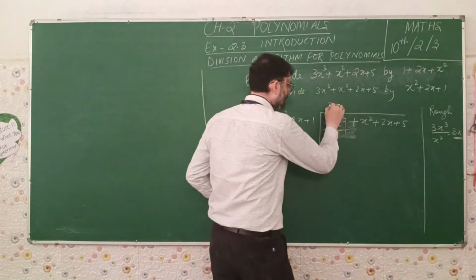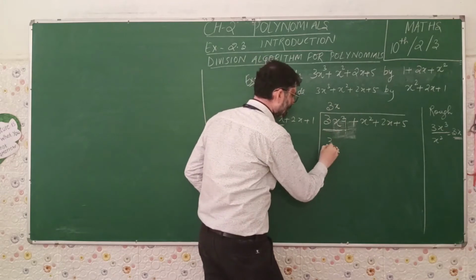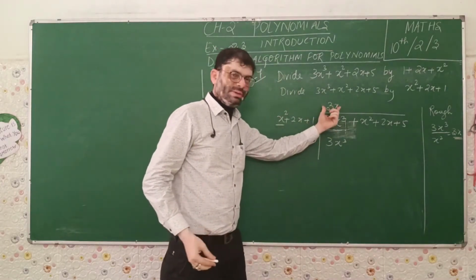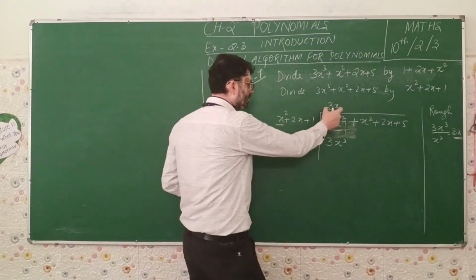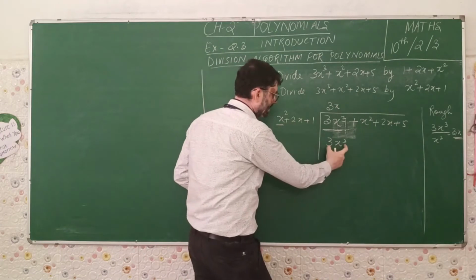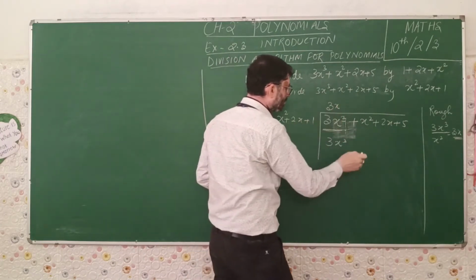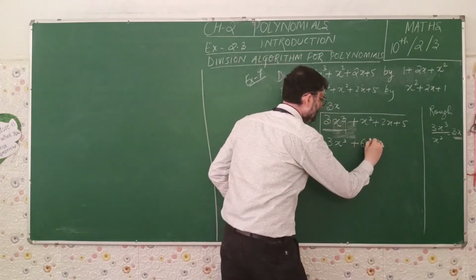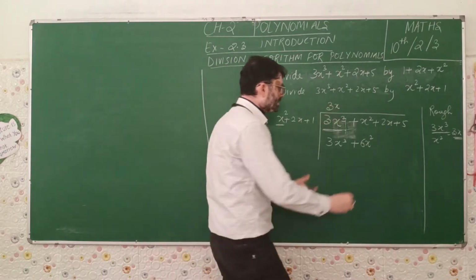So we will write 3x into x squared is 3x cubed, and this first term should be multiplied with each term of the divisor. So 3x into x squared is 3x cubed that we have written. Then 3x into 2x is plus 6x squared. Then 3x into plus 1 is plus 3x.